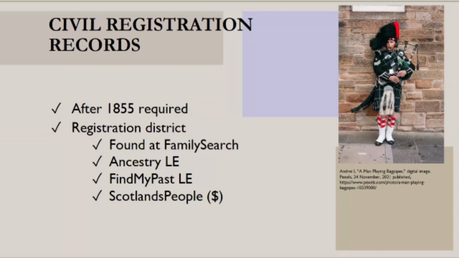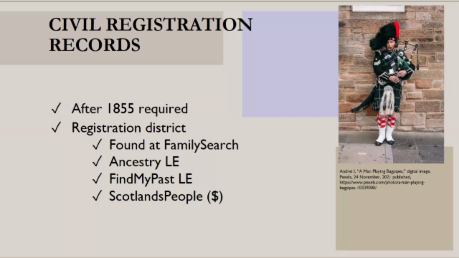Ancestry has some of these. Find My Past has a lot of these. FamilySearch has a lot of these records, and Scotland's People does. Scotland's People is run by the government of Scotland, and they do require payment. You can sign up for a subscription like you would for Ancestry, or you could pay per document. The only reason I didn't put a dollar sign by Ancestry and Find My Past is I'm listing them as the library edition.